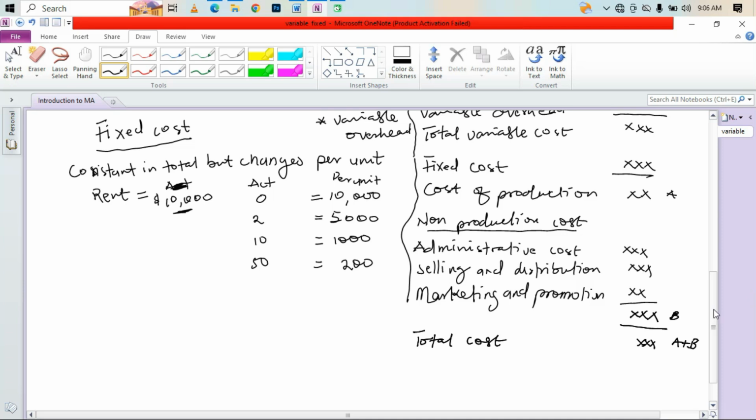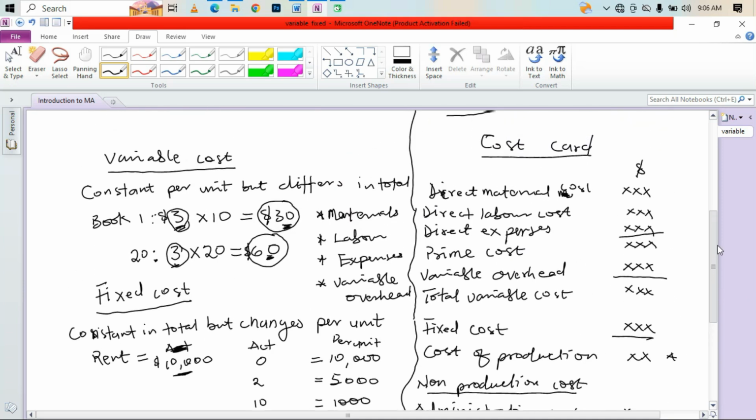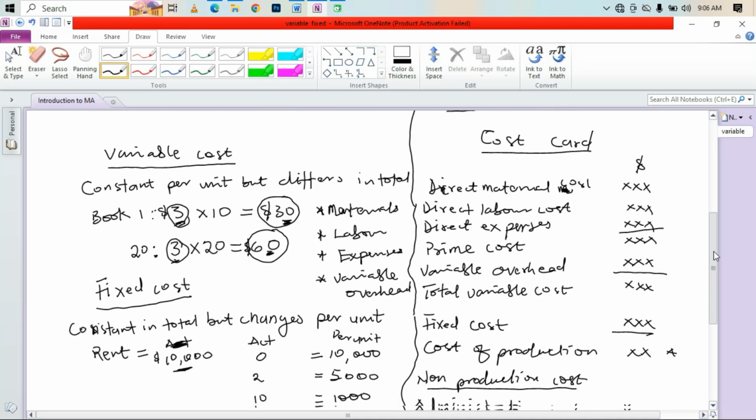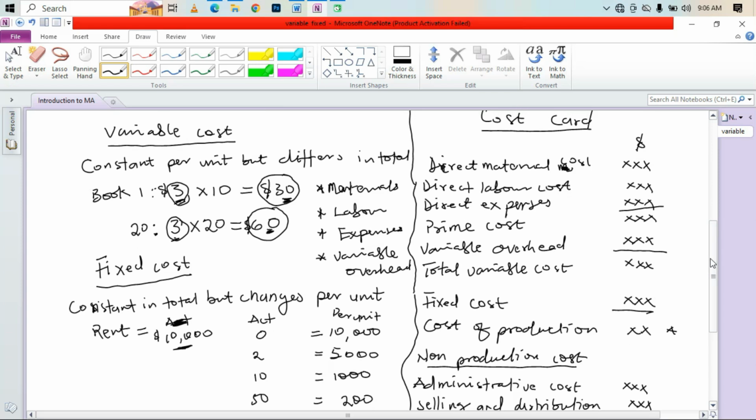So basically this is how a cost card looks like. So you have your direct material. Sometimes in exams they can give you just variable cost straightforward, which includes all variable elements of cost at the top here.